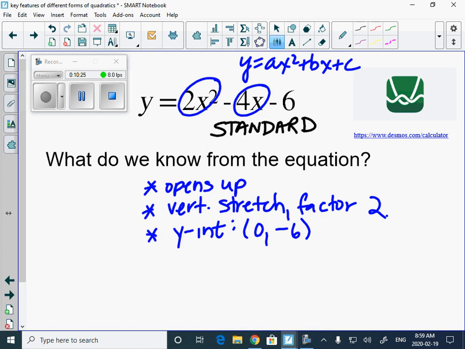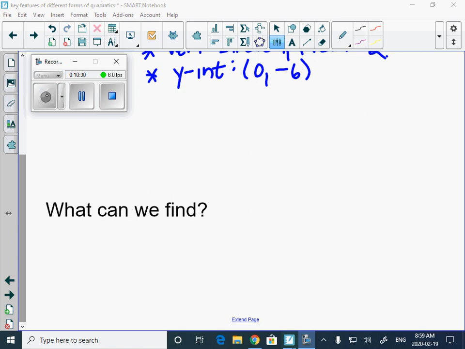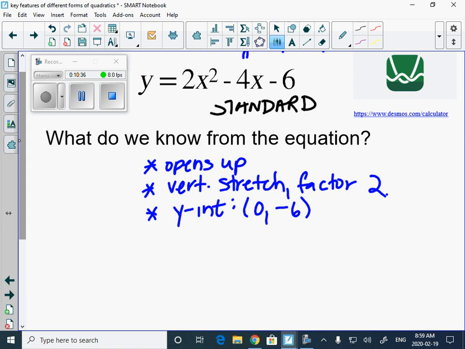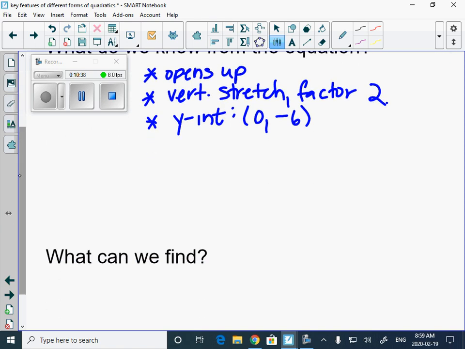So those are the three easy things to find from this equation. But what things can we find? Can I find the x-intercepts and the vertex? So we have some work to do.